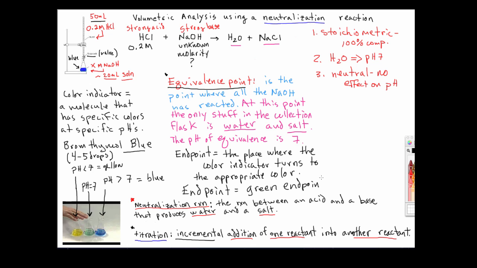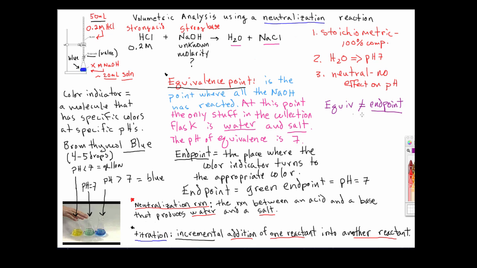And it's where the pH is approximately 7. Now I say approximately, and in the case of this experiment, actually the endpoint is pretty darn close to the equivalence point. But technically speaking, and the student needs to realize this, the equivalence point does not necessarily equal the endpoint.